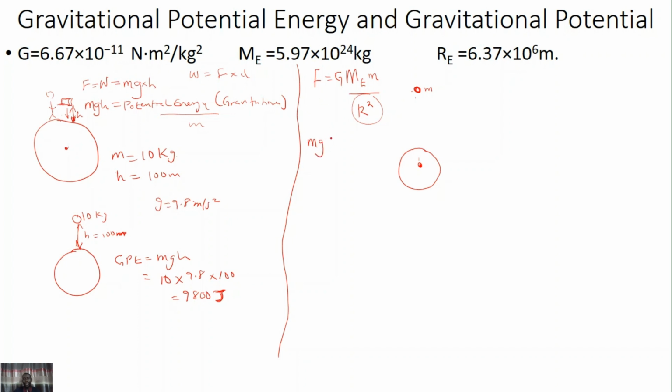mg, which is the weight of the body, is equal to the gravitational constant multiplied by the mass of the earth times the mass of the body all over r squared.